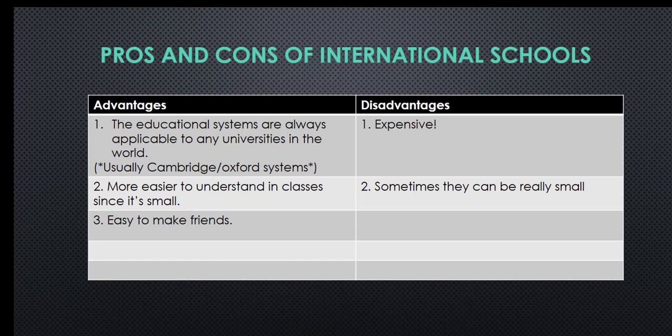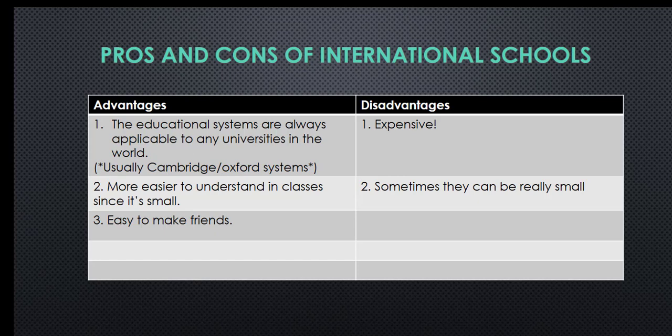Now, disadvantages. They are usually really expensive. I made a rough calculation before this. The average salary in Malaysia is from 5,000 ringgit up to 7,000 ringgit.